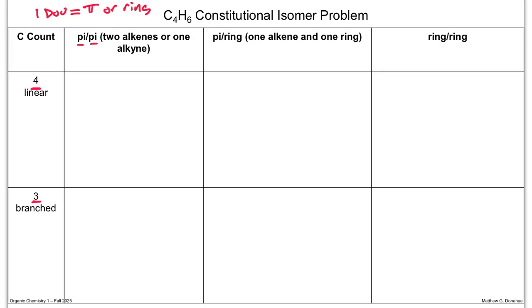Let's draw something. So say I have 4 carbons, and I want to now put in 2 pi bonds. So I could draw that. Then if I wanted to draw an alkyne, I could do that. Or I could put the alkyne in the middle.